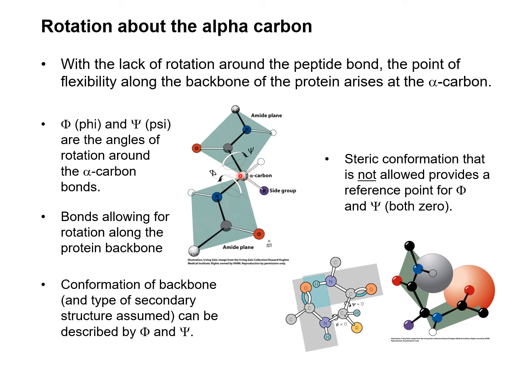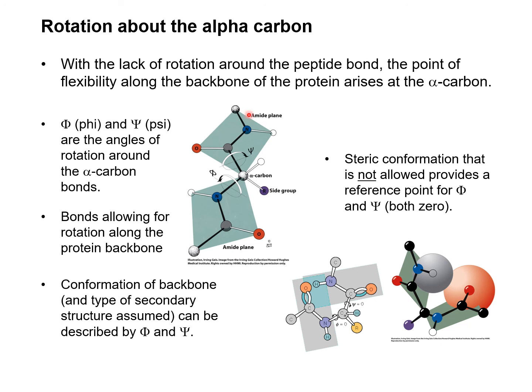And again, the alpha carbon is the center of the amino acid where the side chain or the side group is attached. And depending on how these two bonds, which are to the nitrogen and the other carbon, are twisted or rotated, that can define and also assume the different secondary structures such as alpha helix and beta sheet, which we are going to discuss more in a few slides.